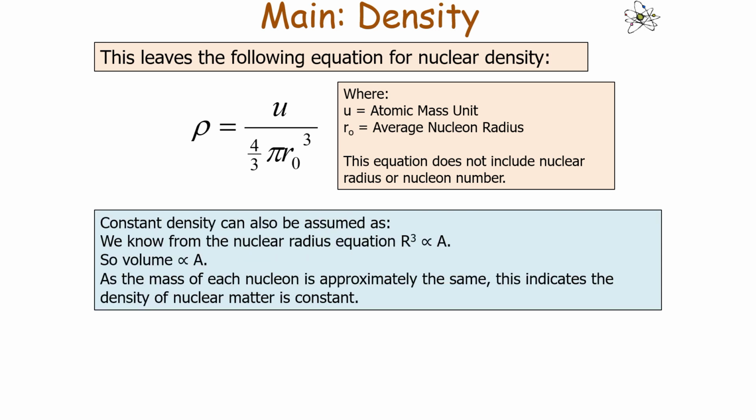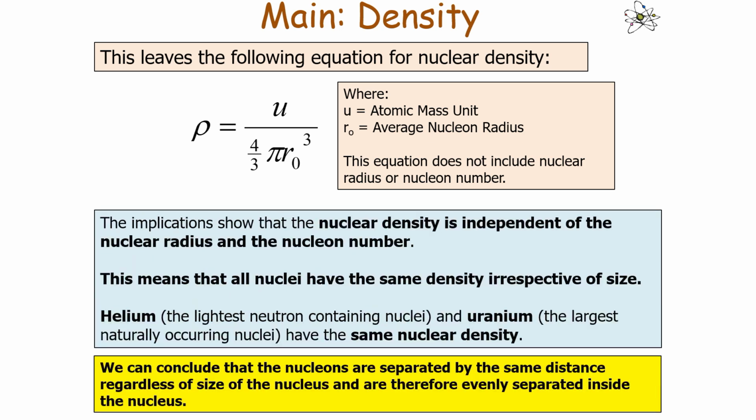We can also show this because we know from our nuclear radius equation that r cubed is directly proportional to A, and volume is directly proportional to A, because r cubed would link in like that. Now as the mass of each nucleon is approximately the same, if the volume is constant and the mass is constant, it indicates that the density of nuclear matter will be constant.